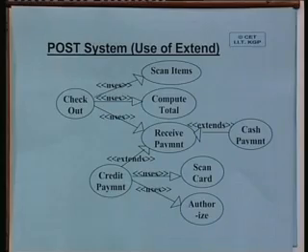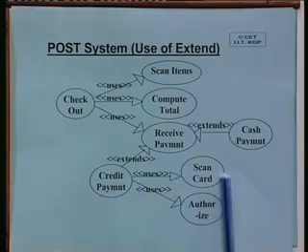Payment could be made by the customer either through cash or through credit. Now suppose if it is through cash, okay, fine, but if it is credit, then there are again two sub procedures, scan card and authorize. So the credit payment uses scan card and also authorize. So this basically shows the power of extends.